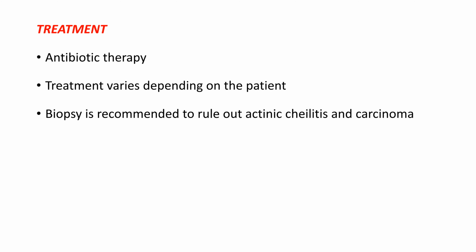In case of acute or chronic suppuration or any bacterial infection, we should provide antibiotic therapy. The treatment varies depending upon the patient because the clinical complaint also varies from patient to patient. Then biopsy is recommended to rule out any actinic cheilitis or any squamous cell carcinoma.